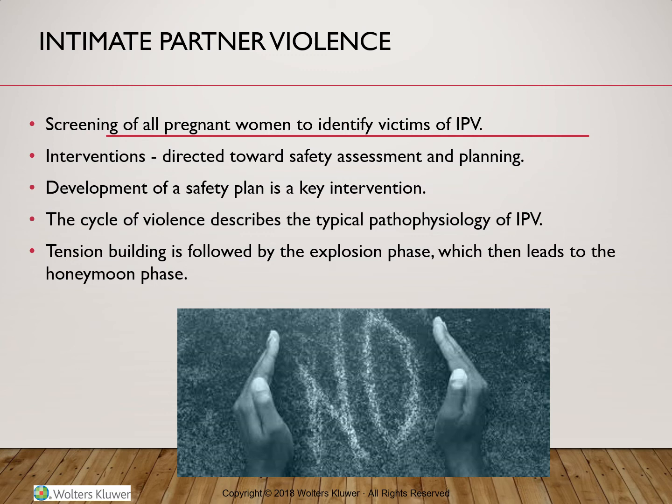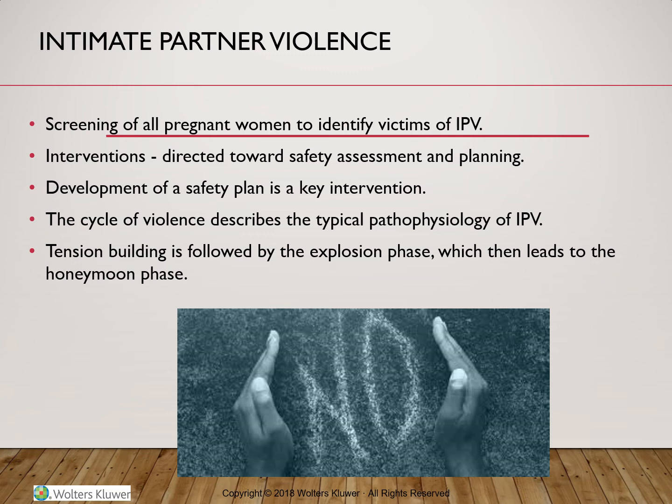Now, we define an intimate partner as any person who is or who has been in an intimate relationship with the victim, and includes present or former spouses, boyfriends, girlfriends, or dating partners. So, in other words, this can happen in any type of relationship without regard to sexual preference.